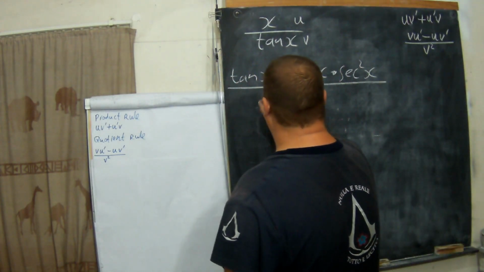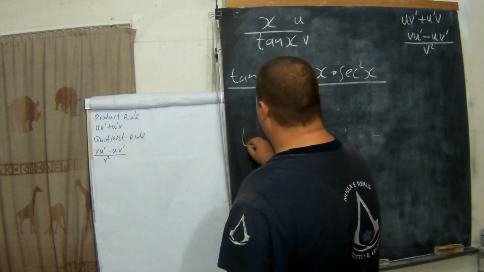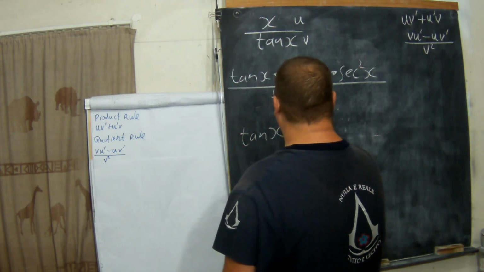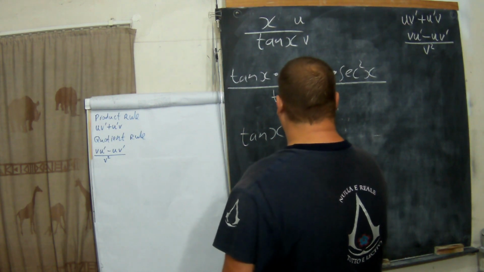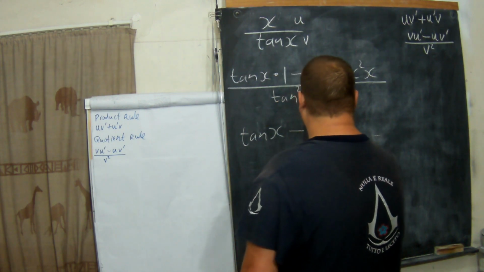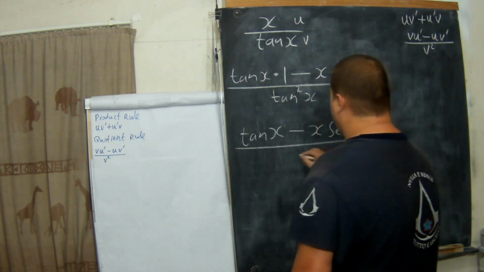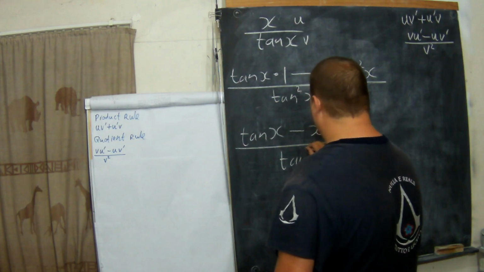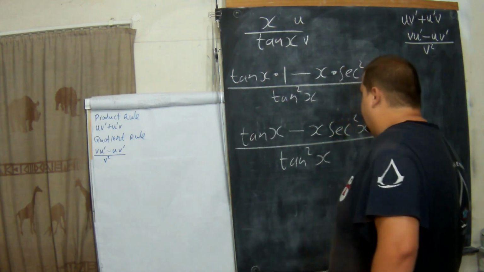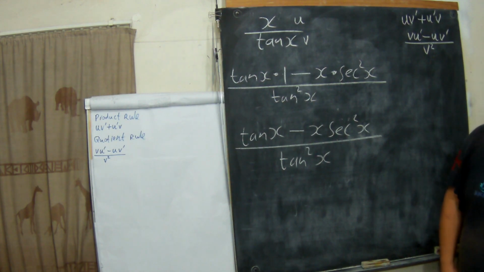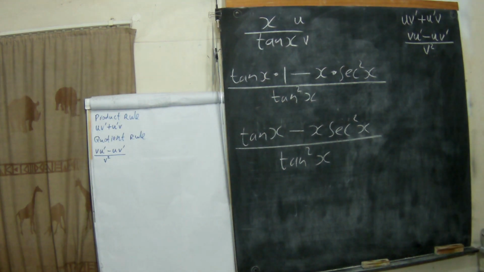Now tan times 1 is just tan. Tan x minus x sec squared x, all over tan squared x. Now, what you could do is this is your final answer.